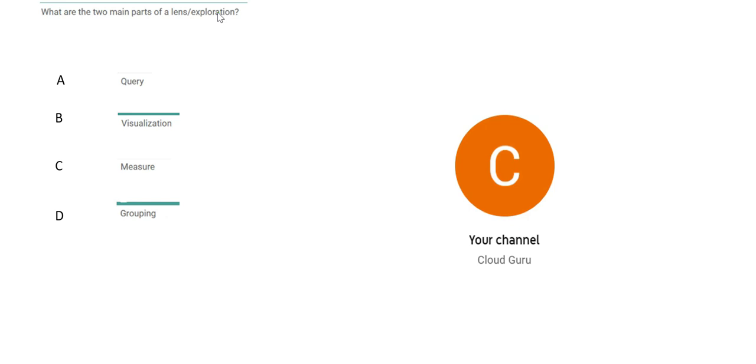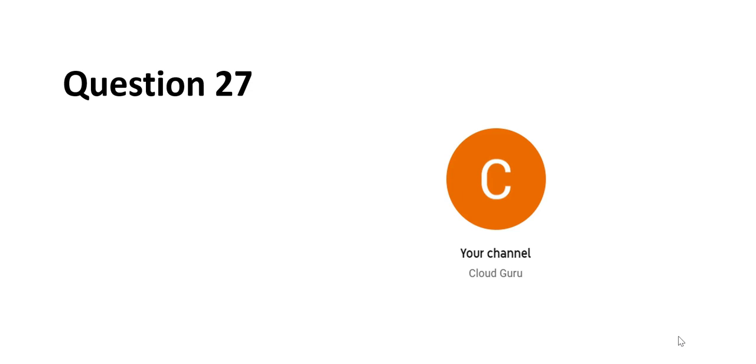So that is your first main part. And then the second is when you do those visualizations, you will try to do some groupings on top of it, and that is what we think are the two main parts. Let's look at question 27.